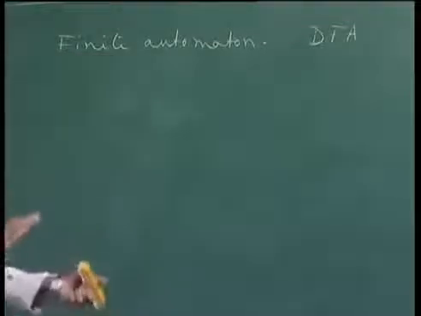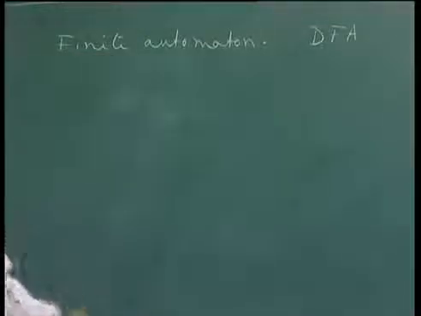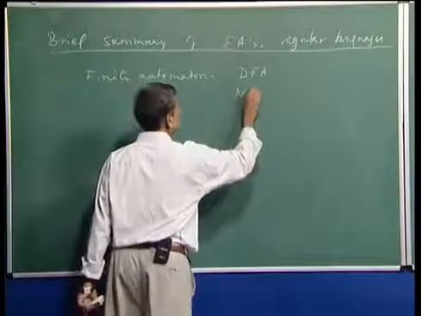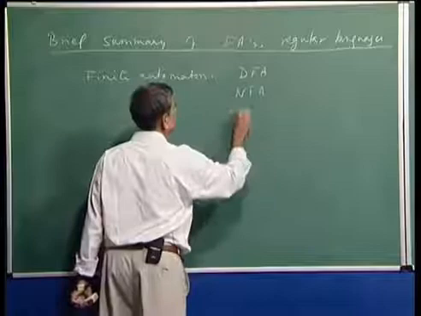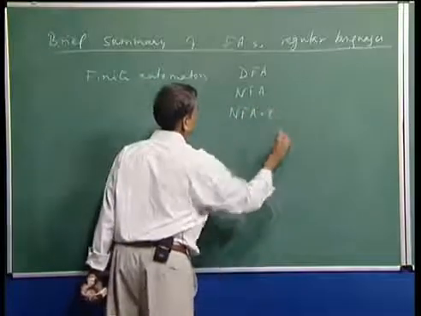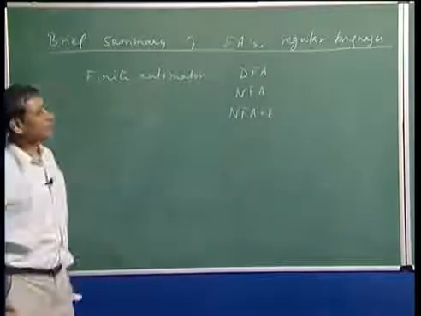And then we considered some variants, NFA, the non-deterministic version, and NFA with epsilon transition, let me just call it NFA plus epsilon.